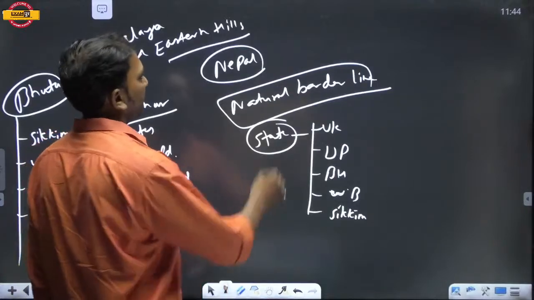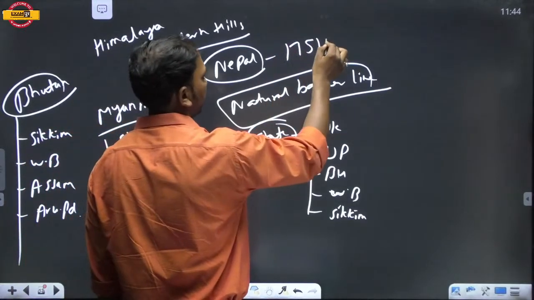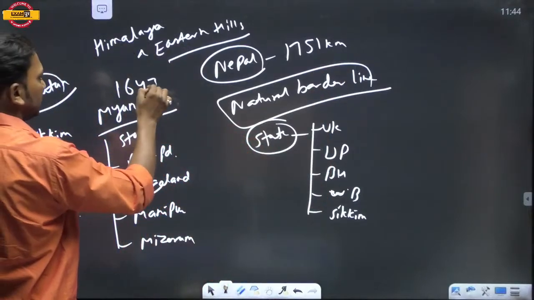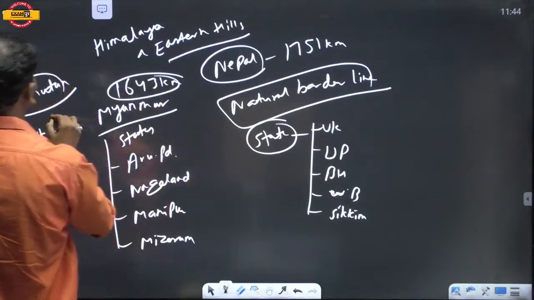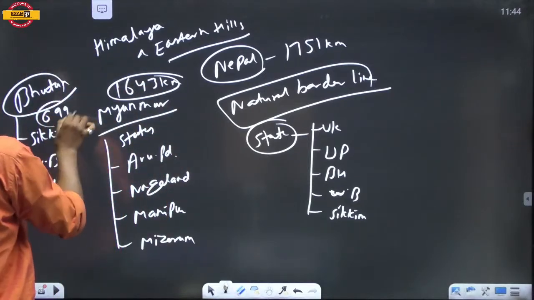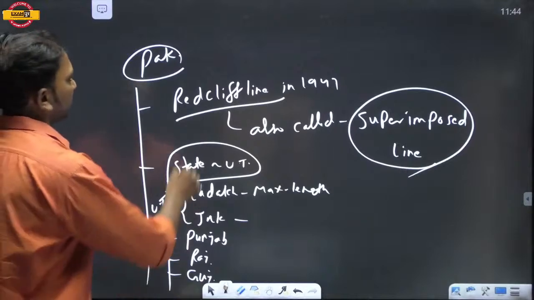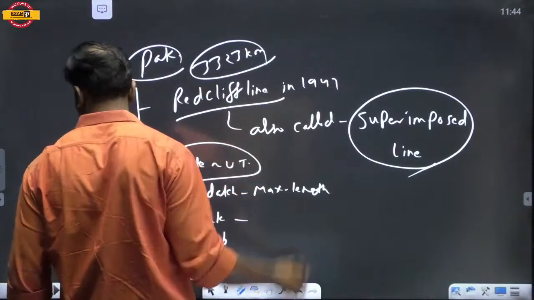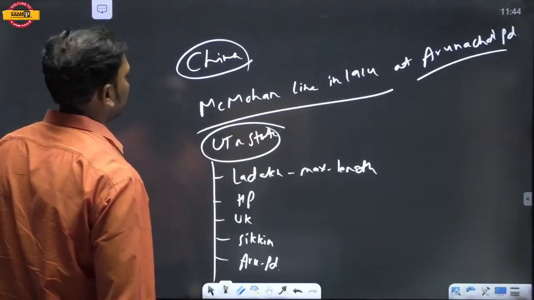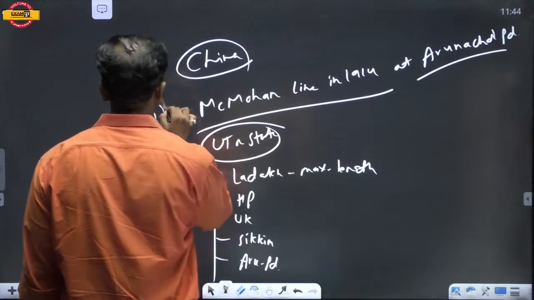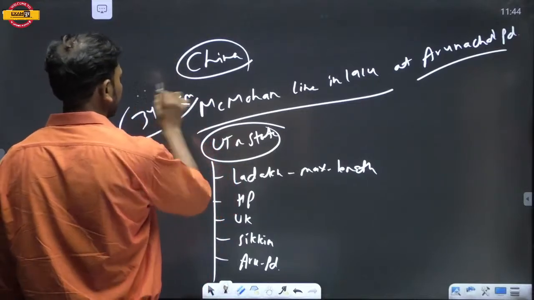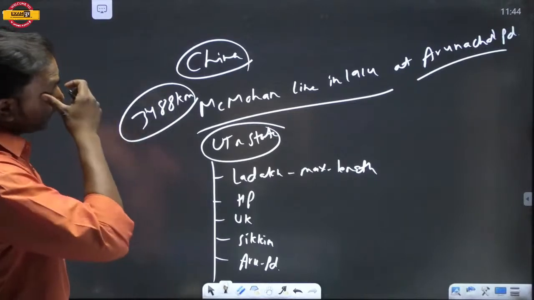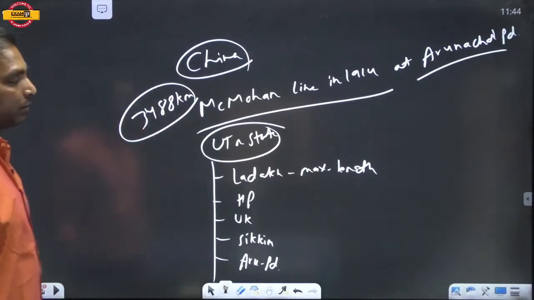And these are Nepal 1751 kilometer, Myanmar 1643 kilometer, Bhutan 699 kilometer, Pakistan 3323 kilometer, and China 3488 kilometer. So these are the lengths with the border countries.